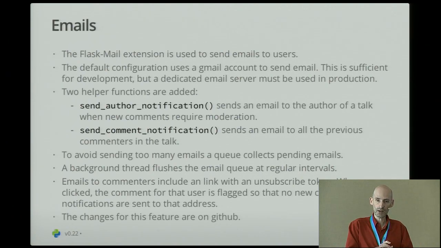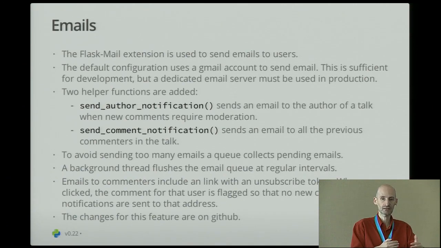Then I have a background thread that looks at that queue periodically, and it sends all the emails, and it flushes the queue. The reason is that if someone enters a comment and then there's a reply, and there's an interaction, maybe 4 or 5, that happened in a short period of time, you don't want to send 1 email per comment.